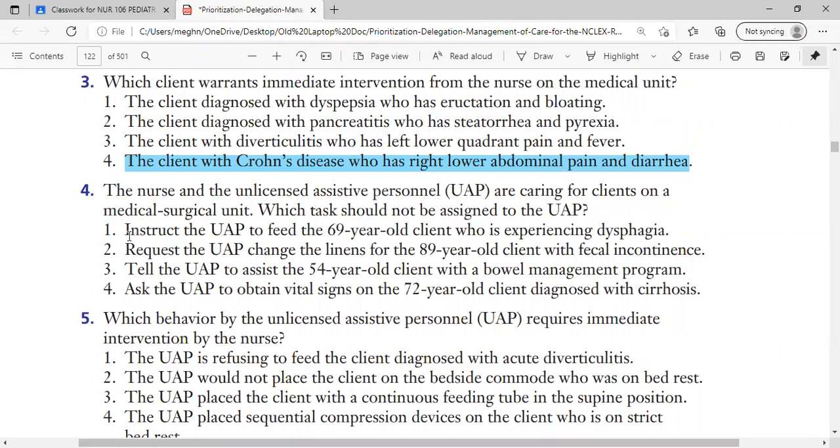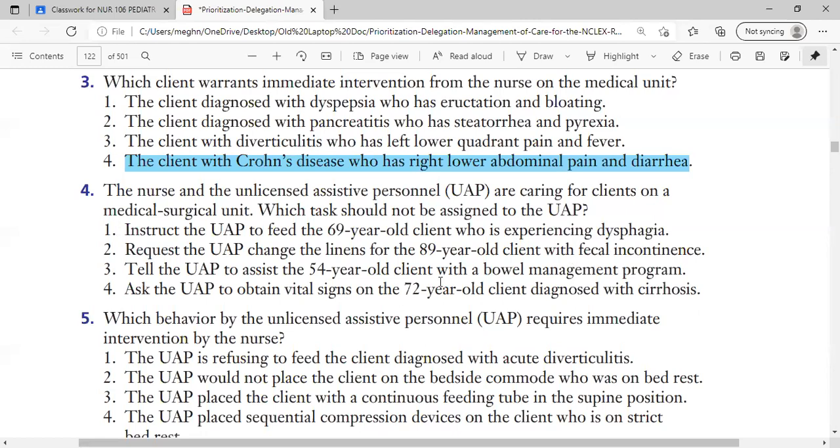Number 1, instruct the UAP to feed a 69-year-old client who is experiencing dysphagia. Definitely, it is the answer, I want to tell you. First of all, the patient is 69 years old, not stable, very unstable, because the patient has a chance of experiencing dysphagia, right?